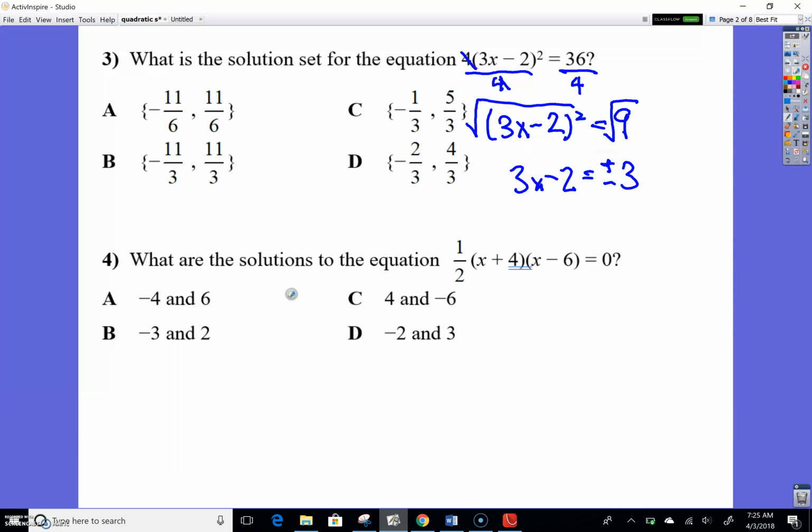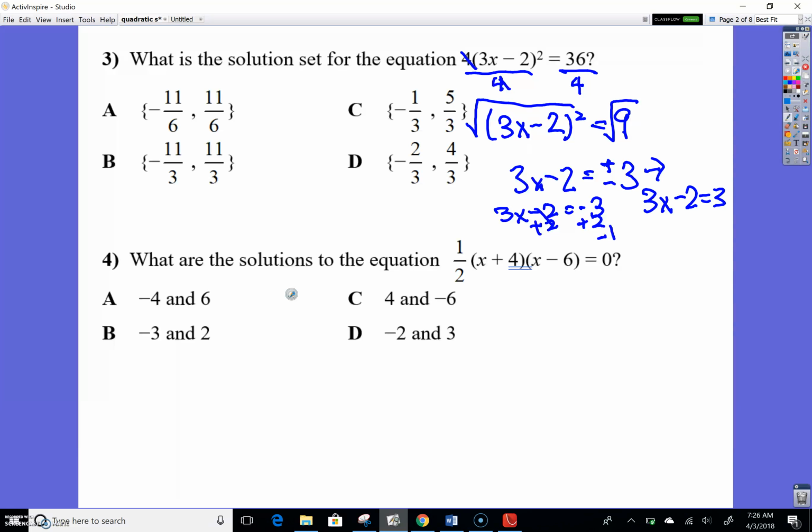So this is where I need to split it into two different problems. 3x minus 2 equals 3, and 3x minus 2 equals negative 3. I add 2 to both sides, cancel. That's negative 1.